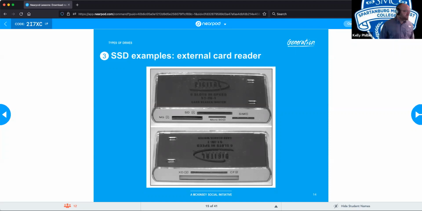These are the external card readers. Some computers actually have these built into the front of them where you can use several different types of SD drives. But others have an external reader or something like that. I have one that actually plugs into my USB and it'll read an SD or a micro SD from my DSLR.